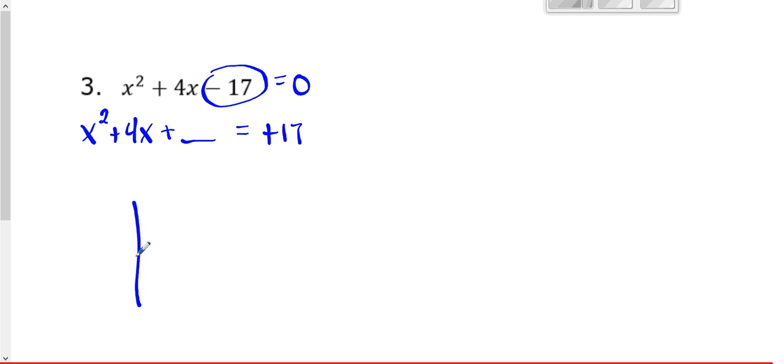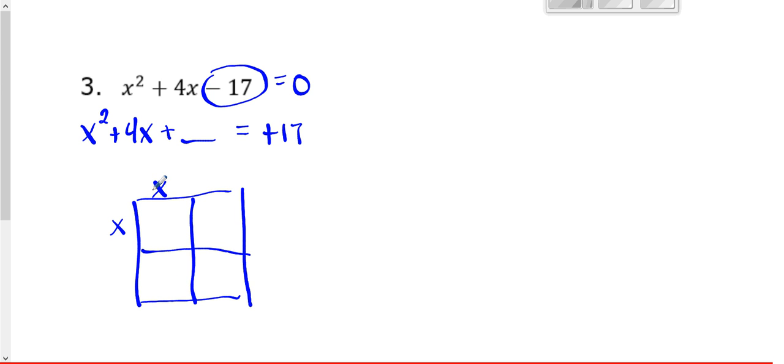Okay, so now I'm going to complete my square. I know that this will need to be x times x to make x squared. I know that this will need to make up and make 4x, so this will need to be 2 and 2, meaning this will need to be 4.